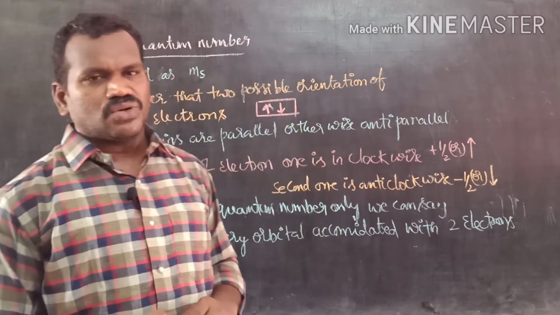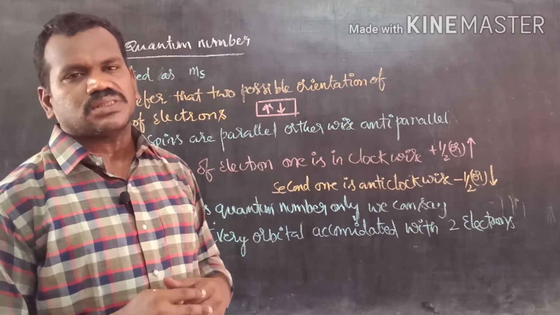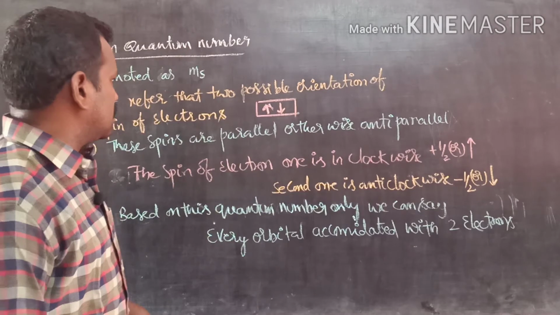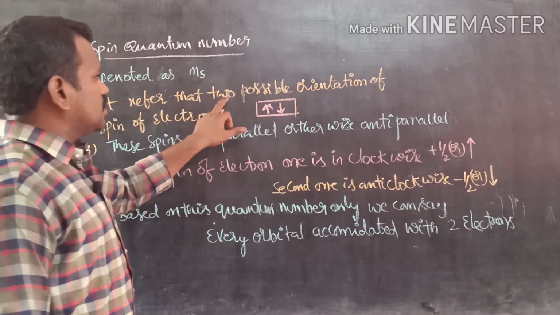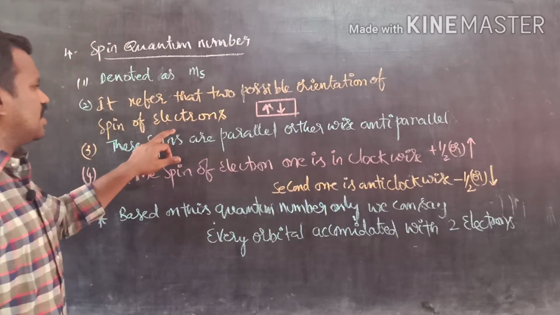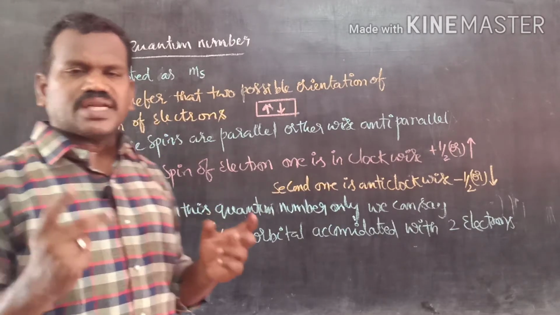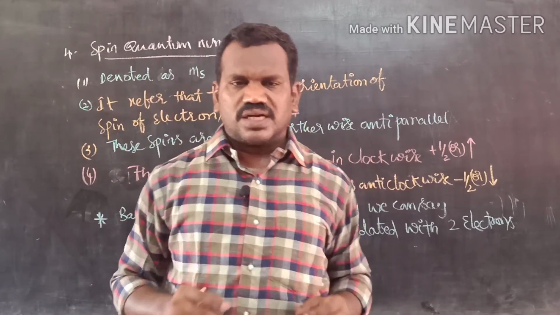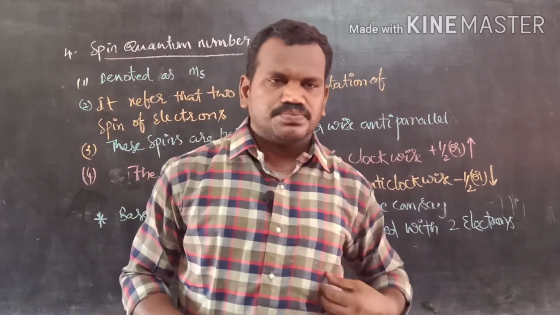To describe the orientation of electrons in an orbital, we use the spin quantum number. See here that there are two possible orientations of spin of electrons. Spin means rotation. In a particular orbital, electrons are located, and only 2.